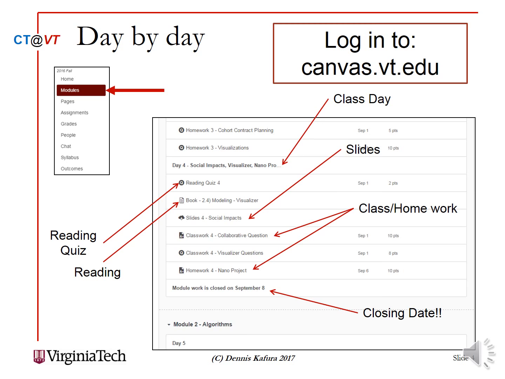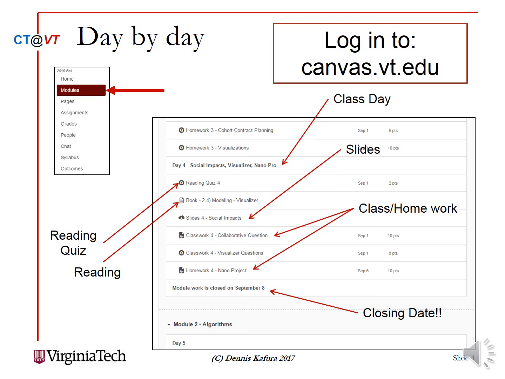As you can see here, each day consists of a reading, which you should read before coming to class, and also before coming to class, taking the associated reading quiz. You'll also see the slides that will be used for the short lecture each day, as well as classwork and homework problems.